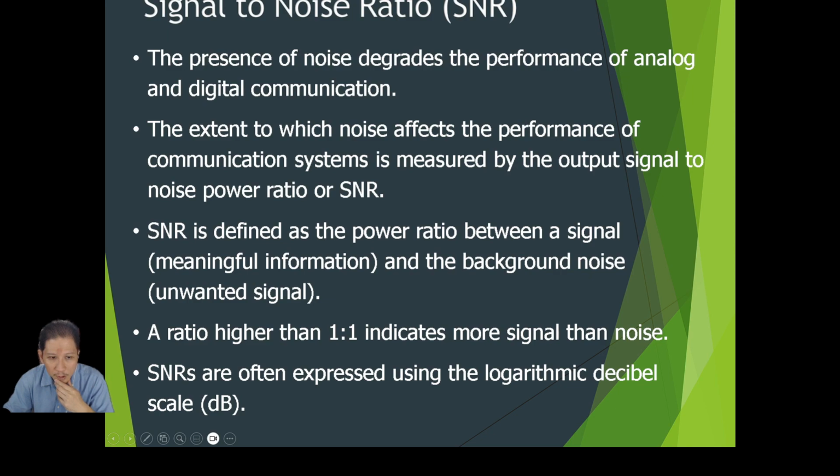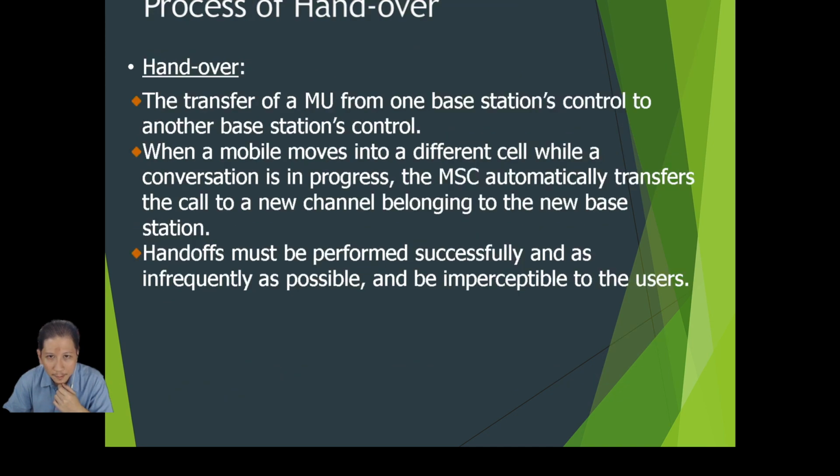Okay, signal to noise. Signal to noise, SNR, is percent of noise degrades to high up the performance. Okay, and then signal to noise ratio is using a decibel scale, dB. Okay, this one handover.